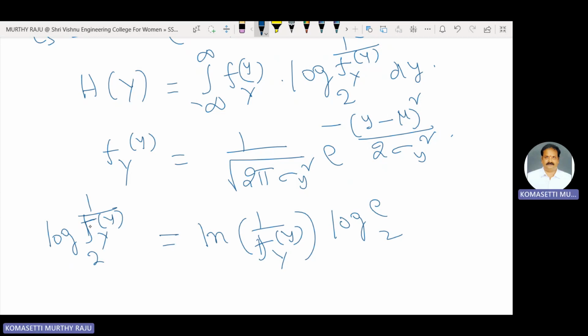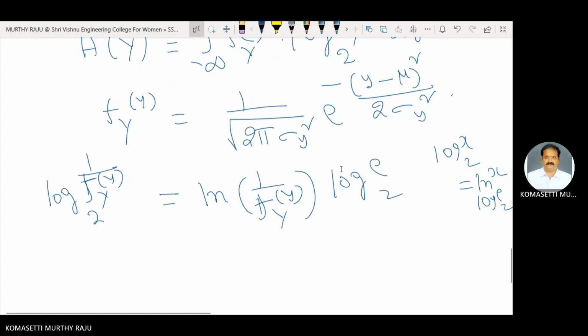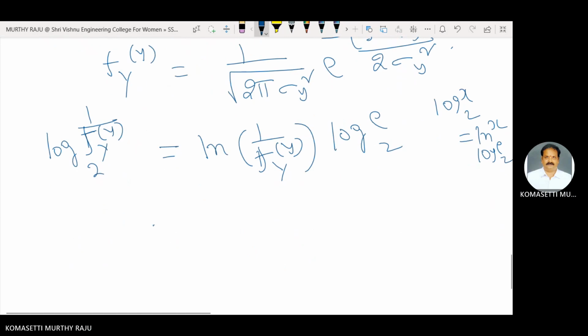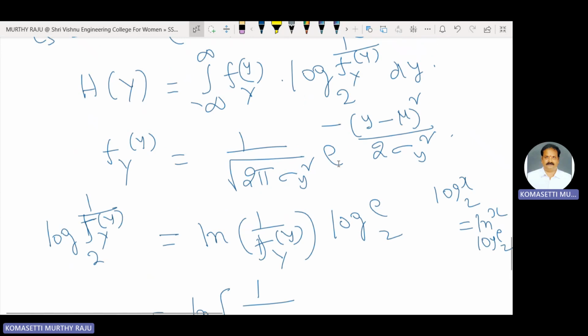Log x to the base 2 can be written as ln x into log e to the base 2. Here x is 1 by f of y, that is ln 1 by f of y.